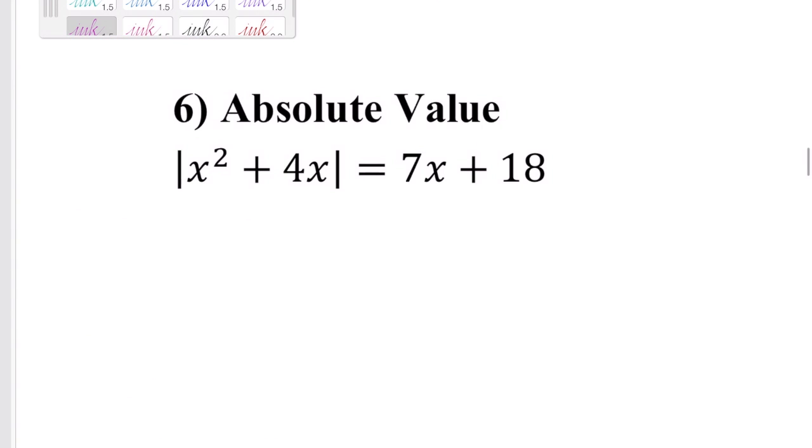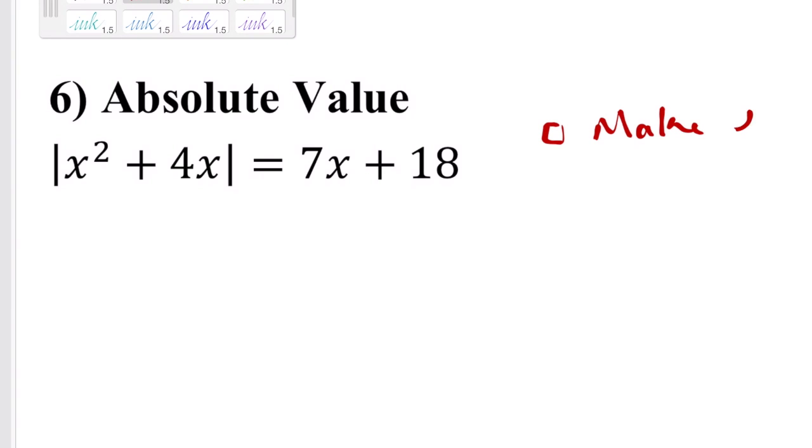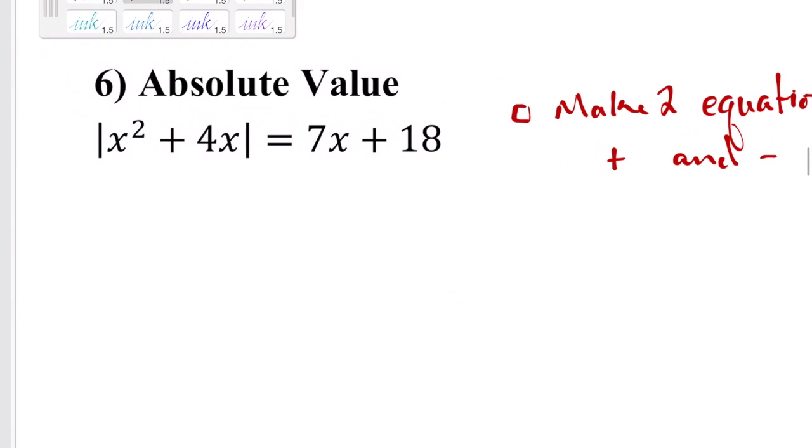My last one I'm going to talk about is my absolute value. When we're solving absolute value, we want to make two equations out of this. We want to make a positive one and a negative. When I talk about positive and negative, I'm talking about the stuff inside the absolute value.